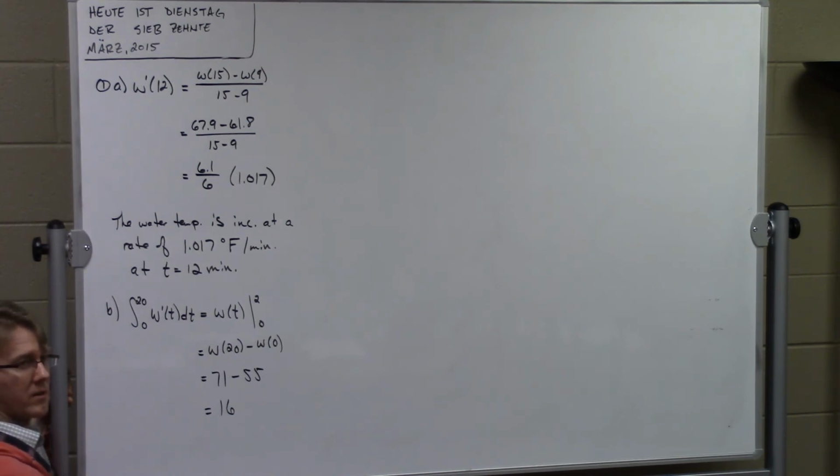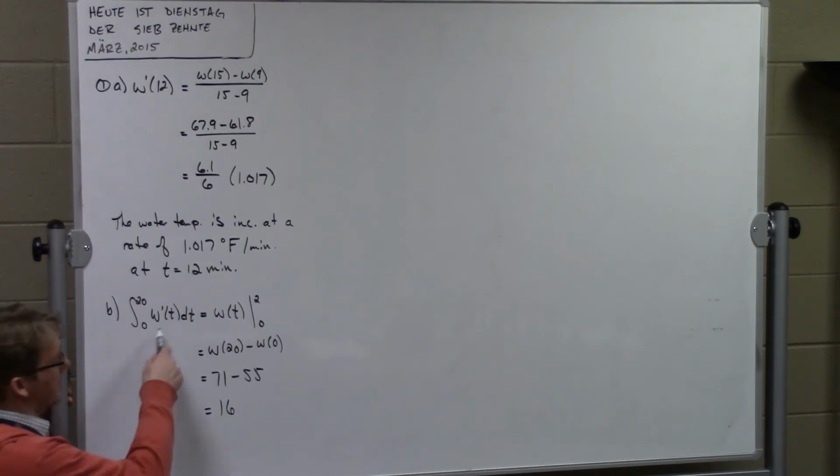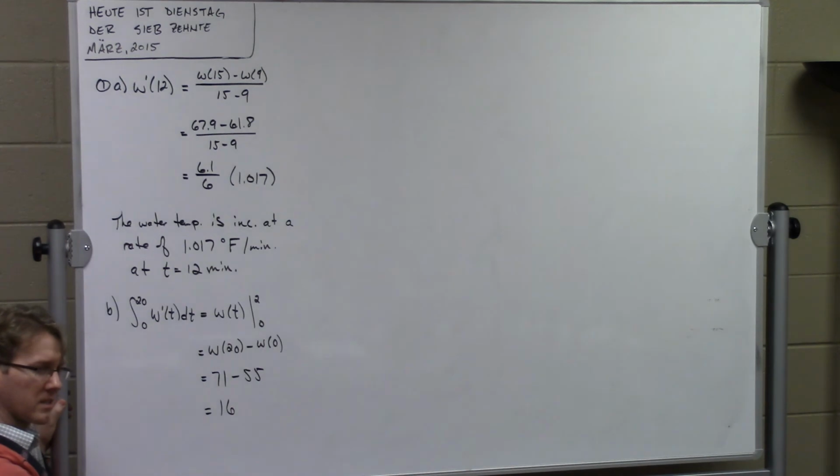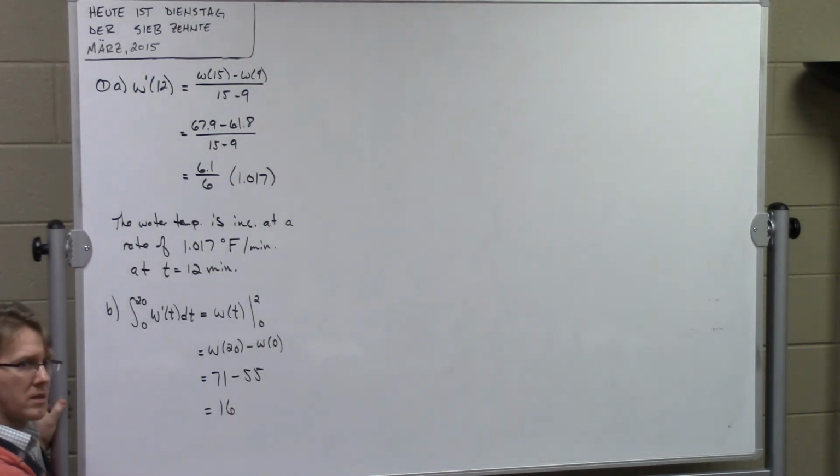When I take the antiderivative of the velocity, this is kind of a total distance question. The derivative is like a velocity for us. We took the antiderivative of the velocity, so we basically found total distance, but in this case, it's not distance, it's total change, the increase in temperature.